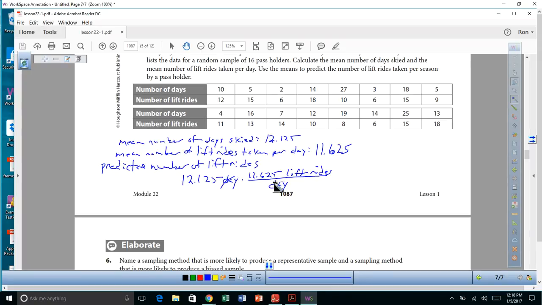And so days are going to cancel out, and we're going to get 12.125 times 11.625, and that's going to give you about 141 lift rides.